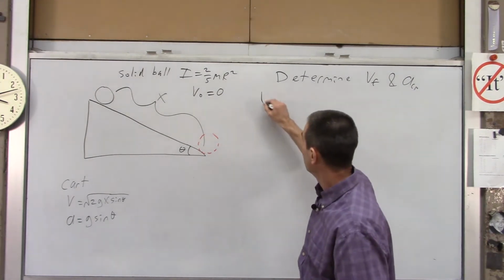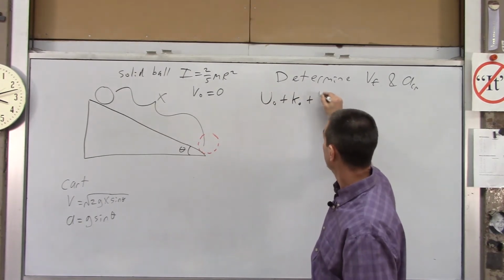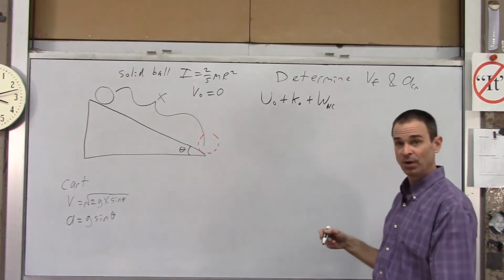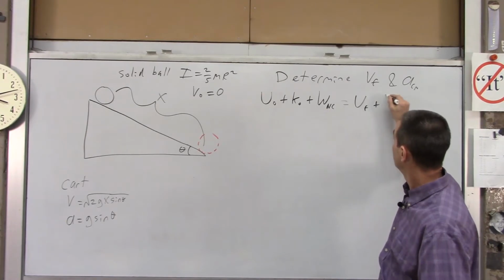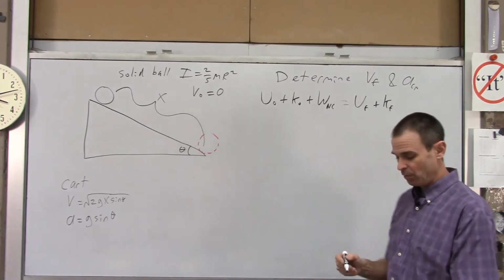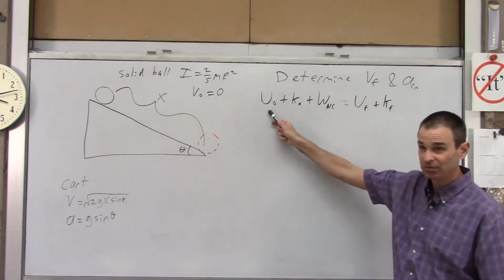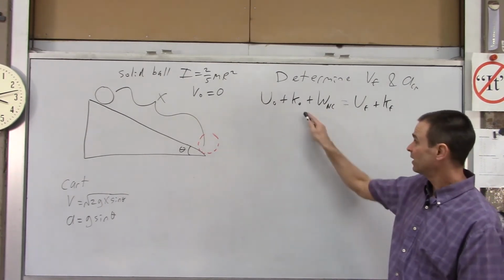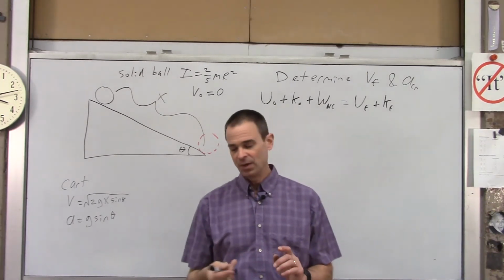We're going to write our conservation of energy equation down. We've got potential energy at the beginning plus kinetic energy at the beginning plus the work done by any non-conservative forces as it travels from point 1 to point 2 equals potential energy final plus kinetic energy final. By the way, your teacher may use different symbols for these. Now, kinetic energy, there are at least 2 types that we can talk about for now.